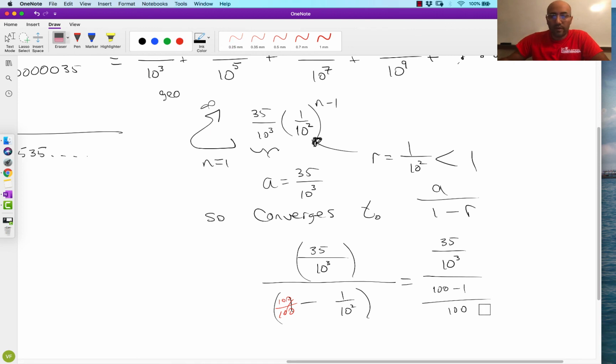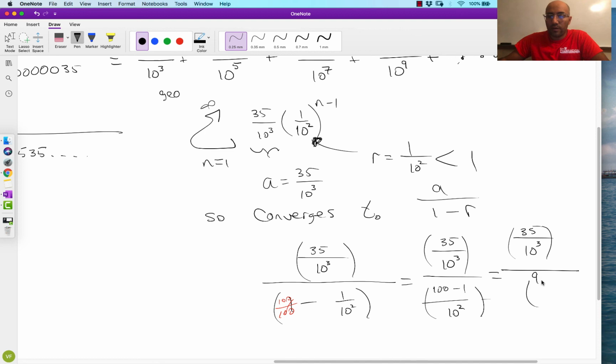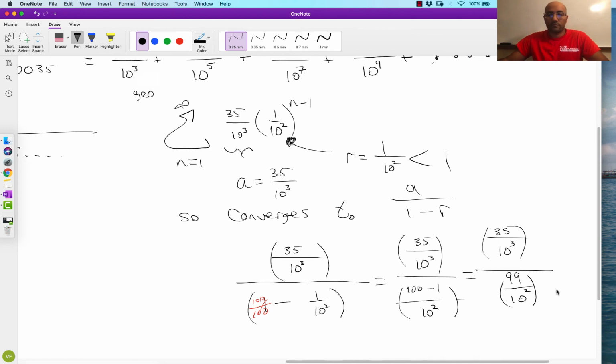Go back and rewrite that as 10 to the power of 2, which is 100. Good. Okay, so we have this, which becomes 35 over 10 to the power of 3. That's the fraction in the numerator. And in the denominator, we end up with 99 over 10 to the power of 2.